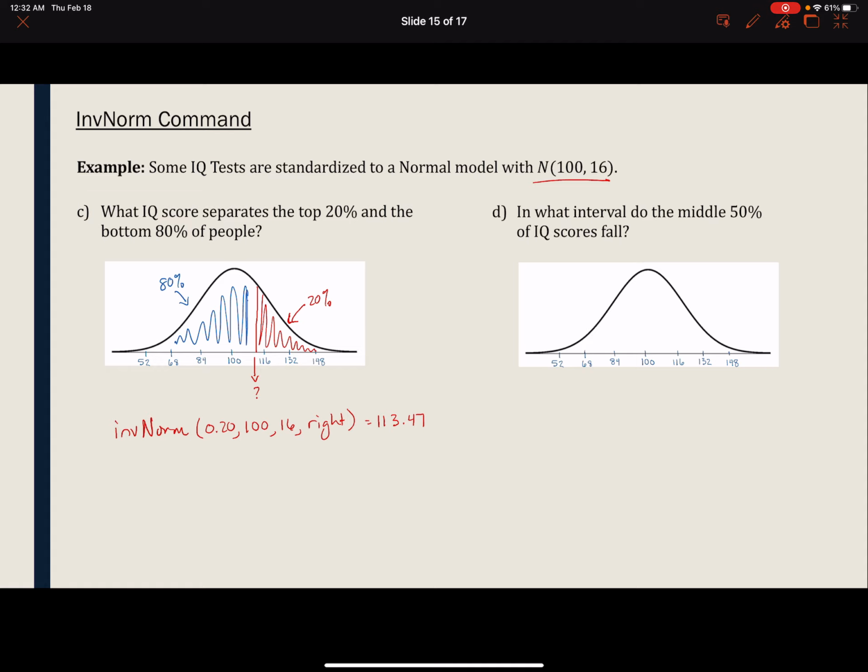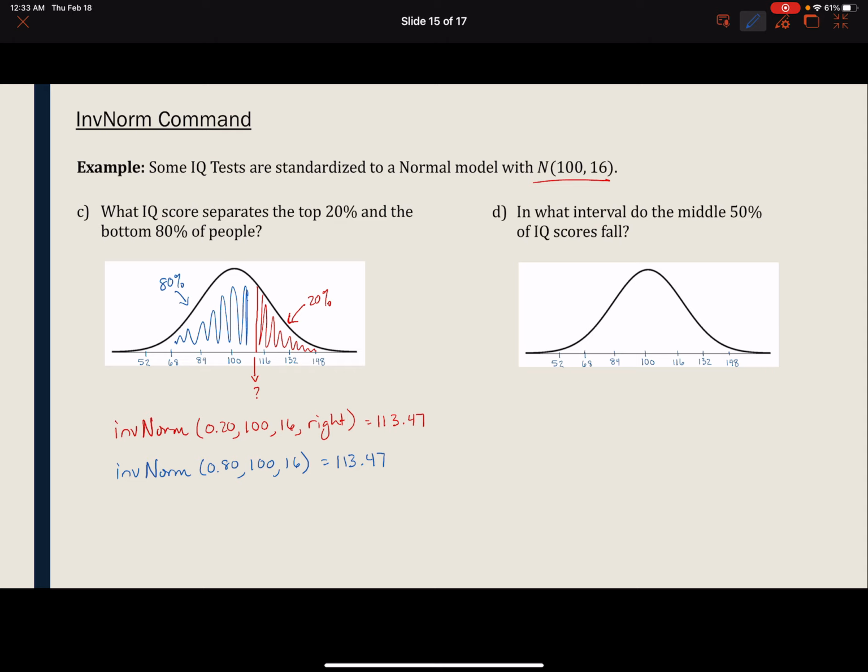If you have an older calculator, you're going to do inverse norm, 0.80, 16, and you'll also get 113.47. And if you have a newer calculator, you could put 0.8, 100, 16, and left, and you'll also get the same answer.